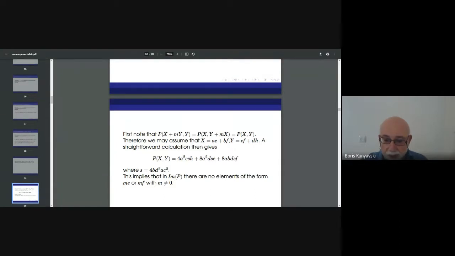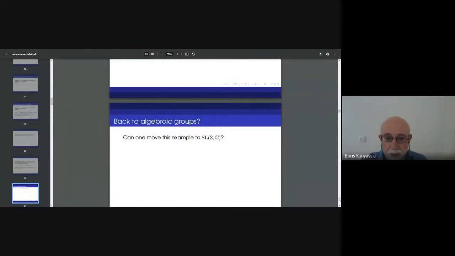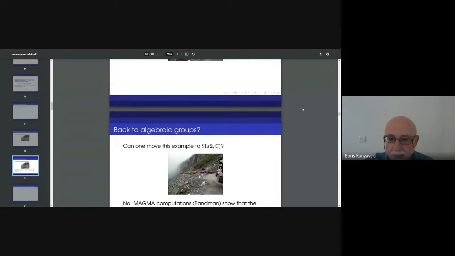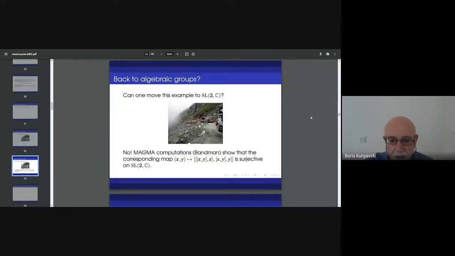And to be even less optimistic, I'll convince you that if we go back to algebraic groups with the hope of getting a counterexample showing a gap between dominance and surjectivity in the group case, we fail again. Here we are again going along this mountain road, because this phenomenon disappears in the group case.